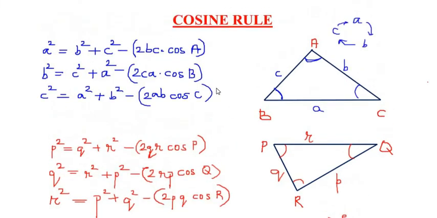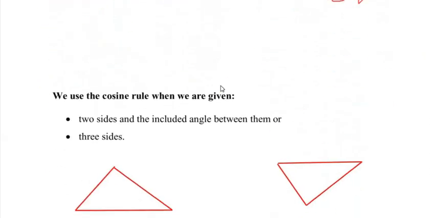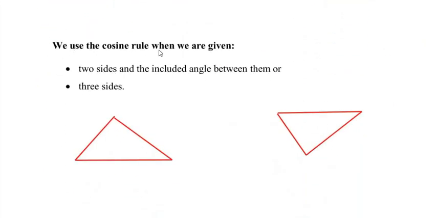Now before we start with the examples, again, when are we going to use the cosine rule? We use the cosine rule when we are given two sides and the included angle between them. So for example, this is a triangle X, Y and Z, and let me write its opposite sides: X, this is Y and this is Z. At least two sides should be given in a triangle.